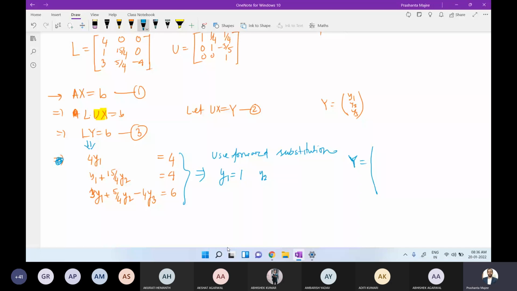What is y3? y3 will be minus 1 by 4 into 6 minus 3, minus 5 by 4 into 4 by 5.